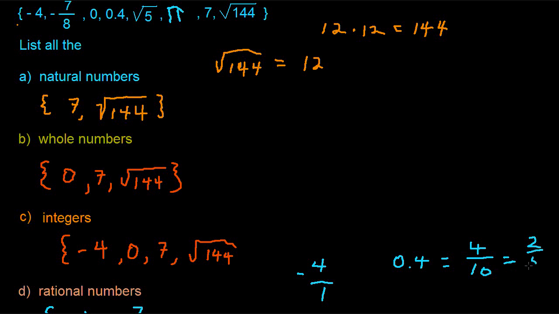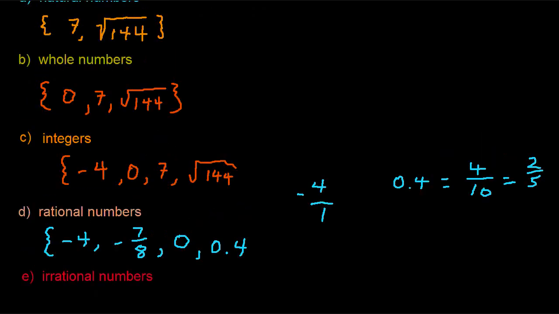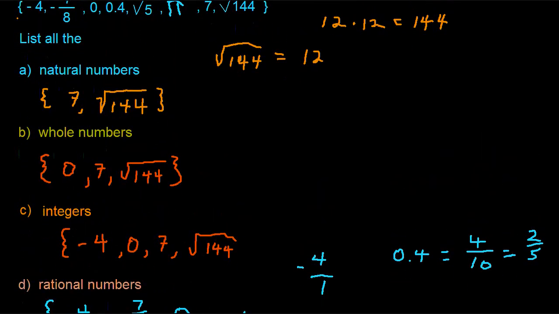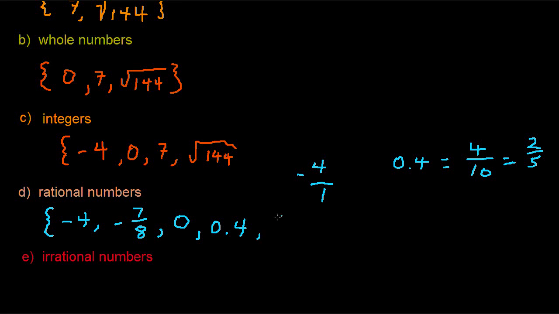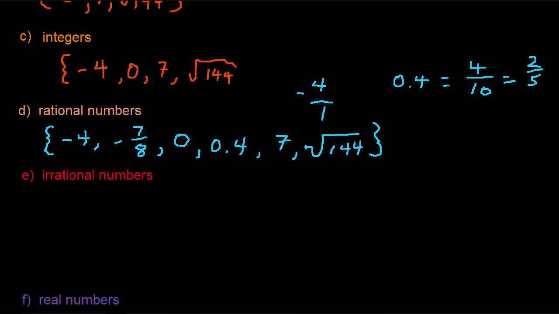It's also a terminating decimal. So 4/10 is another rational number. And also we have 7, or 7/1, and the square root of 144, which is really 12. And there are our rational numbers.